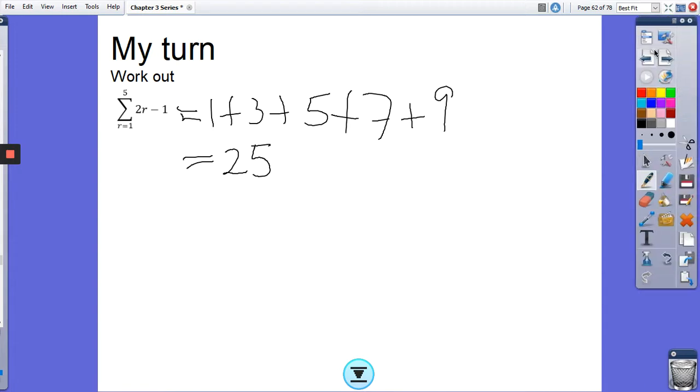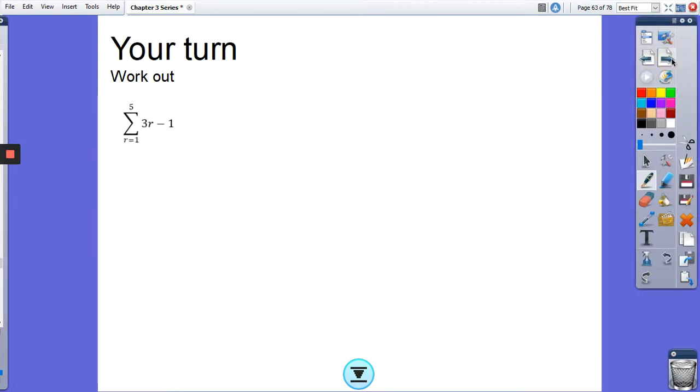What I'd like you to do is pause, as we said, make notes, and then have a go at this question here. Right, if you had a go at that, you should have got something like this. It's going from 1 to 5 again. It doesn't have to be 1 to 5, we'll look at some different numbers in a bit, but we're starting at 1.